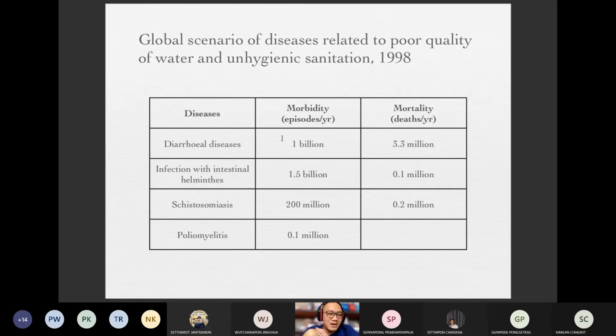In our country, dying from a diarrheal disease may look impossible, but in some continents that have not gained access to improved sanitation, diarrheal disease is still a serious matter to those countries. Infection with intestinal helminths.